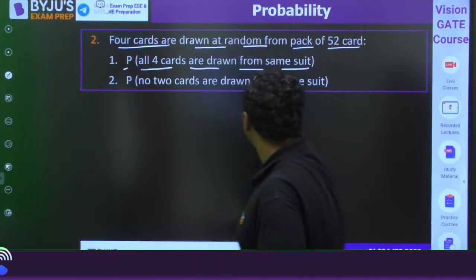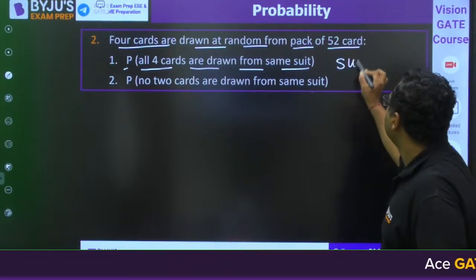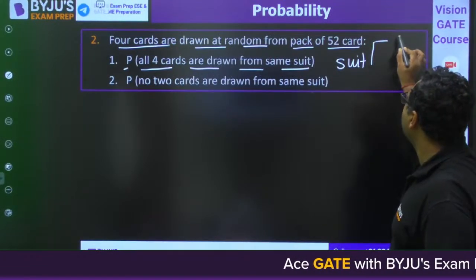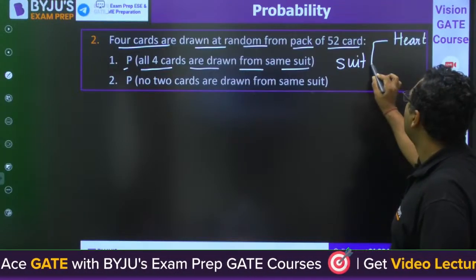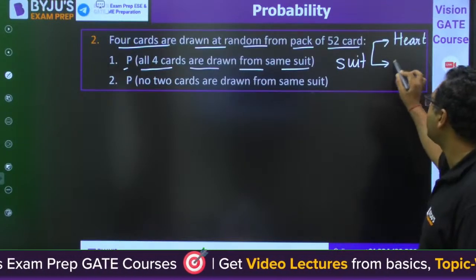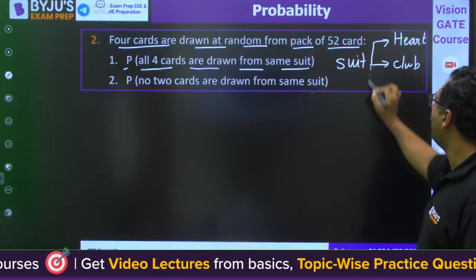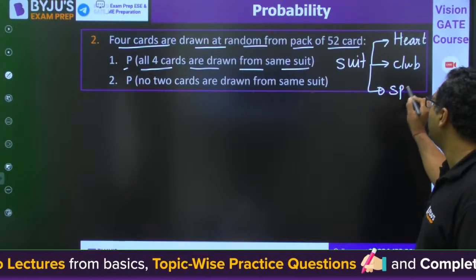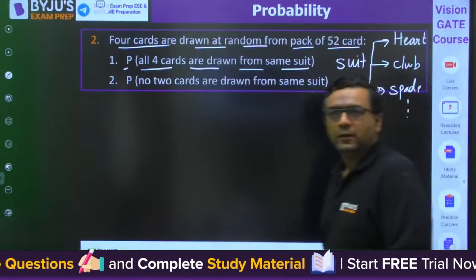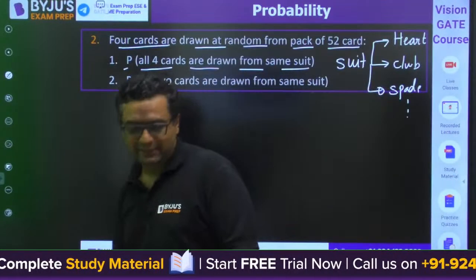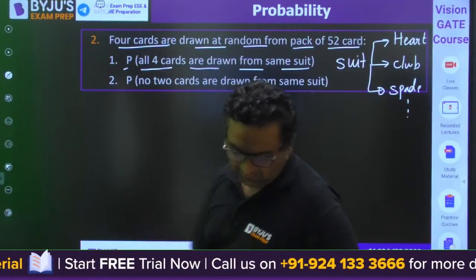Same suit means either all are heart, or all are club, or all are spade, likewise. So Ajit is saying the answer is 1/13.